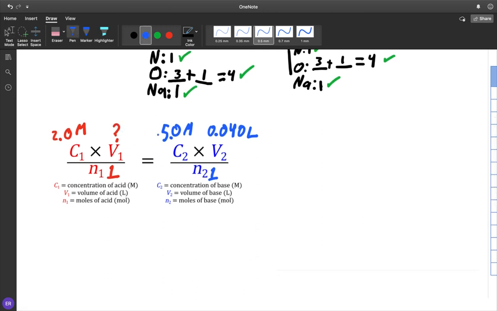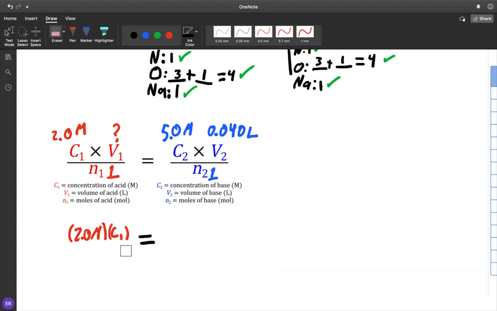So let me go ahead and write that as an equation. So 2.0 molar times V1 over 1. And because anything divided by 1 is just the number itself, we can simplify it already.